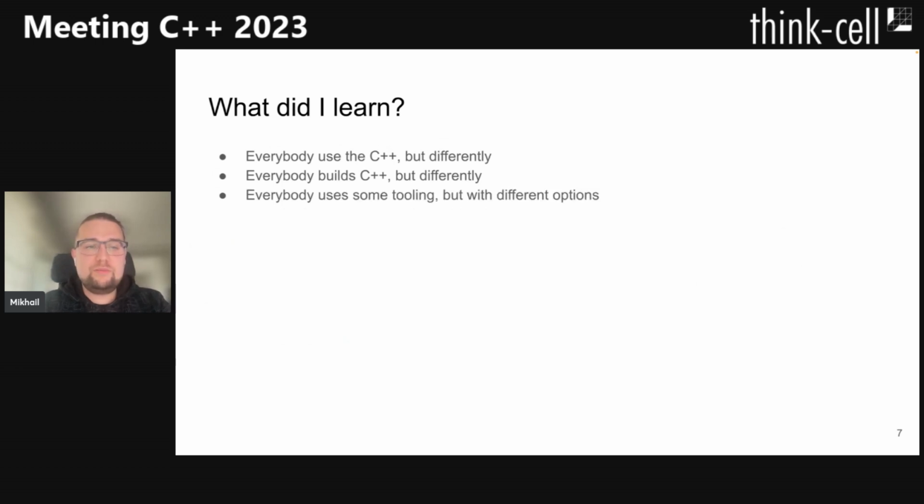I also learned that everybody used some tooling, but with different options. I also learned that some best practices are the same, and I think C++ now has a lot of good practices around, like don't use new, use smart pointers, and you can find a lot of things in the C++ Core Guidelines. I think there is a big adoption of these practices nowadays, but still, sometimes they're different. And it also depends on the project.